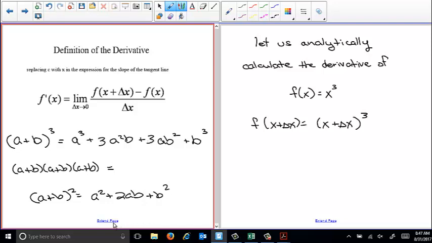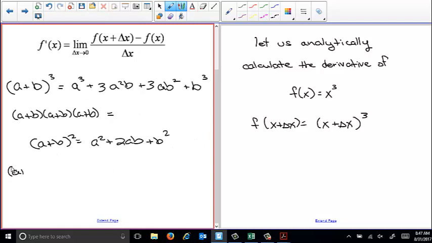If you have a plus b to the 4th power, it's a to the 4th plus 4a cubed b plus 6a squared b squared plus 4ab cubed plus b to the 4th. So the second and next to last coefficients always equal the exponent. The middle one's a little more complicated.